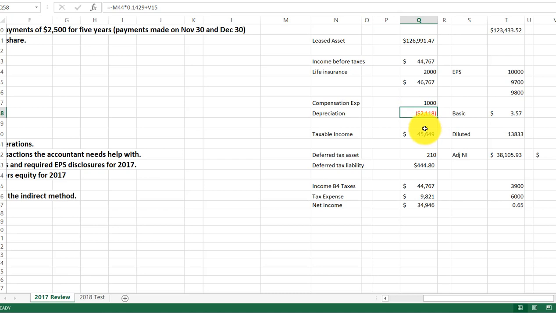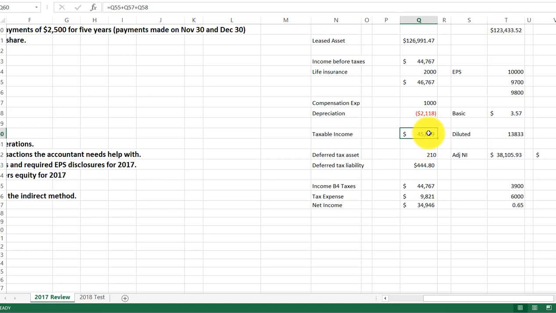Depreciation is the difference between MACRS, which is 0.1429. You can look up the MACRS table on Google or anything like that, and then take that difference between that and the 1140 that we used on the income statement, and our difference is 2118. So our taxable income on the tax return would be 45,649.